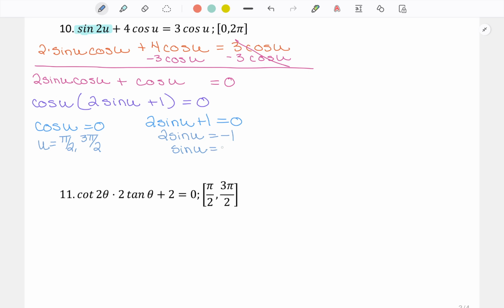Sine u equals negative 1/2. So u equals 7 pi over 6 and 11 pi over 6. So all 4 of these will be your final answer. So we have pi over 2, 3 pi over 2, 7 pi over 6, and 11 pi over 6.